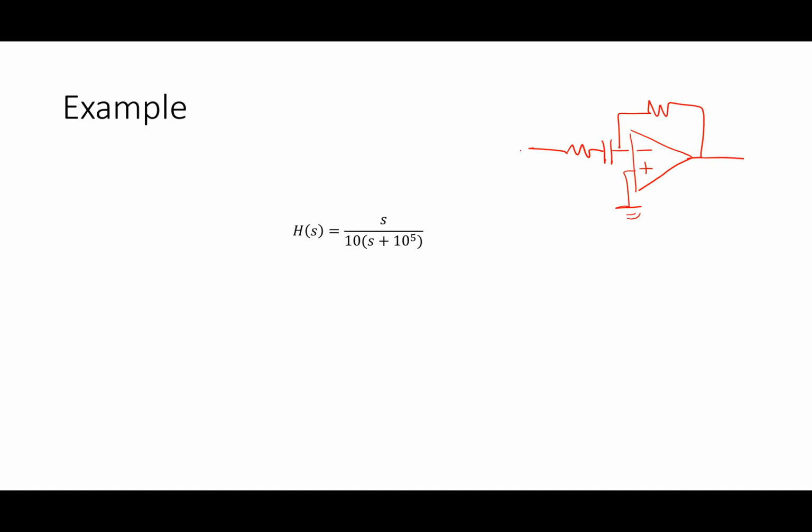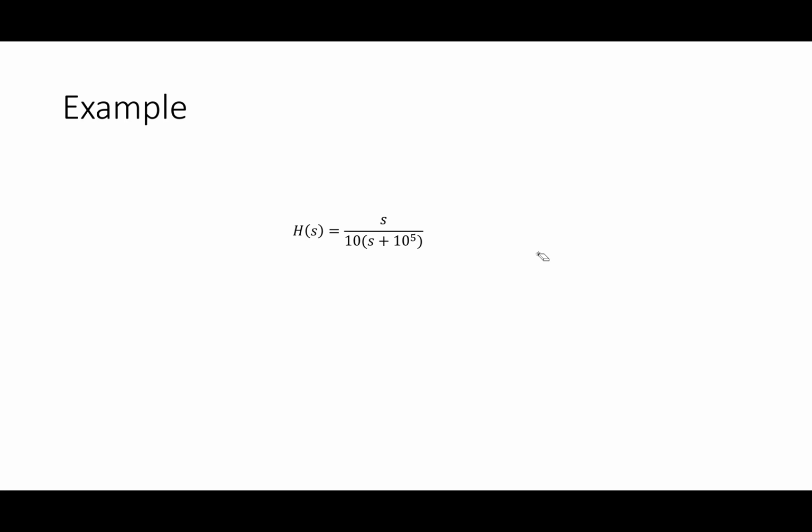I'll have to think about that between now and recitation, but I think it came from that circuit, with the exception that it would have had a negative sign. Don't hold me to that. But it came from an op-amp circuit. S over 10 times (s plus 10 to the 5th).